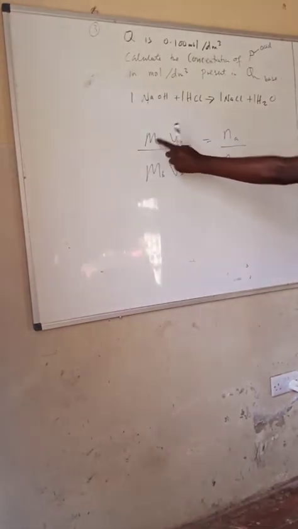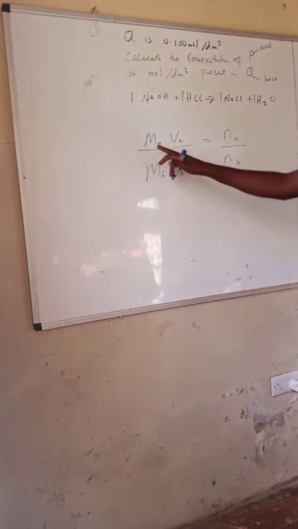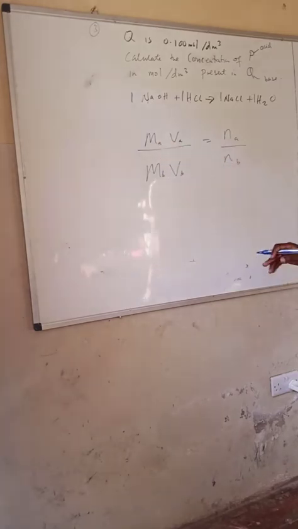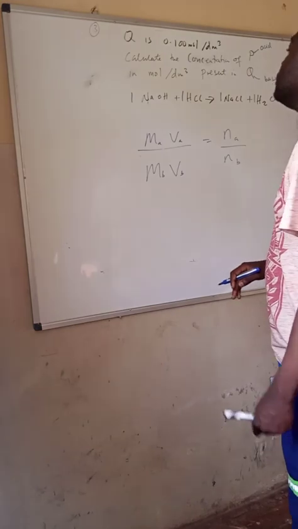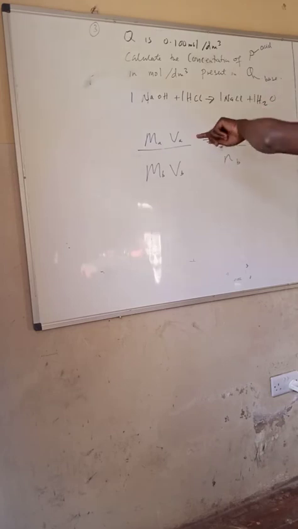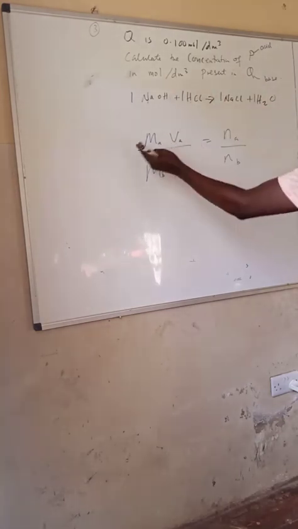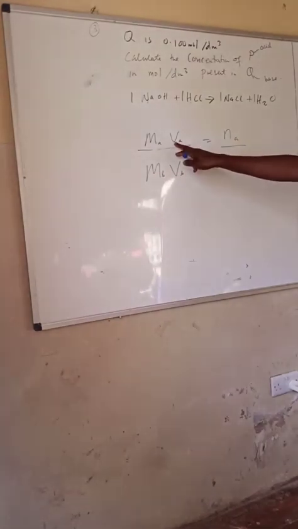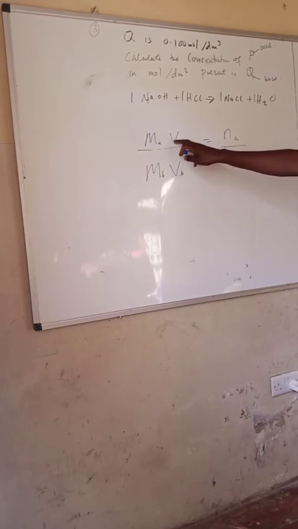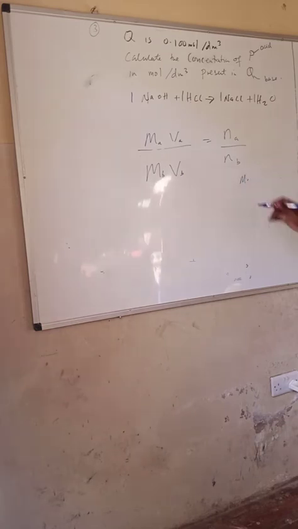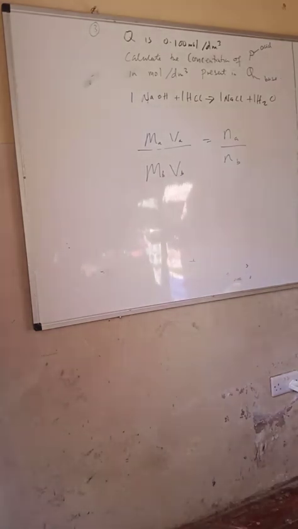M means concentration. If you want, you can put C, it's up to you. You can put CA. MA means concentration of the acid. MB means concentration of the base. VA is volume of acid, VB is volume of base.